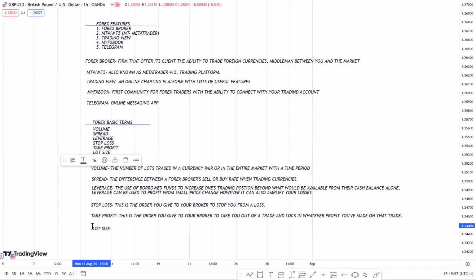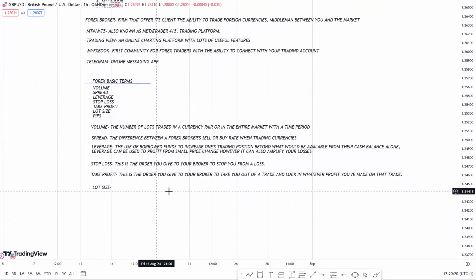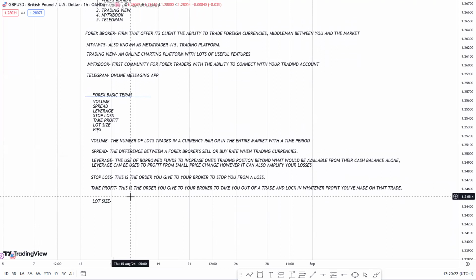Your lot size, together with your stop loss, will determine how much you're willing to risk on a trade. You understand?